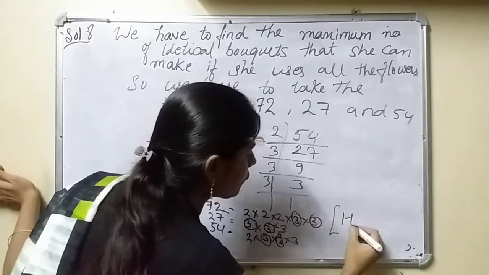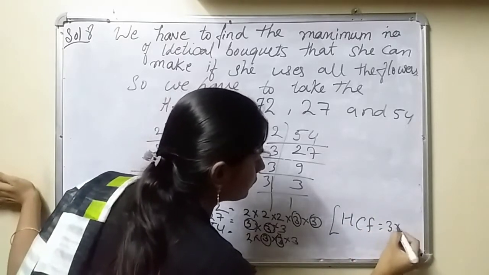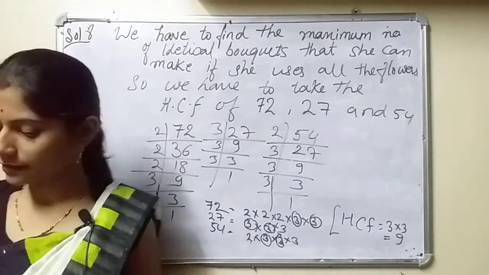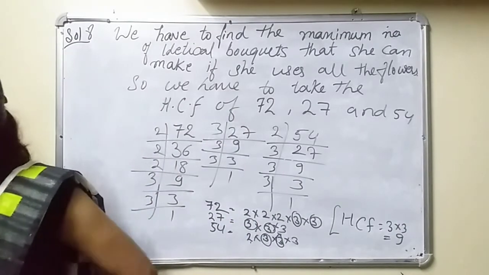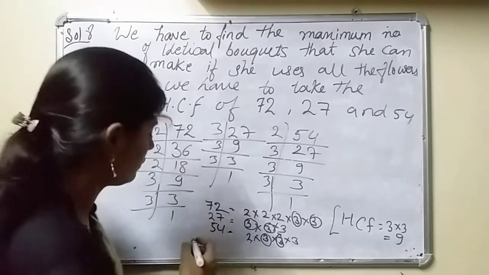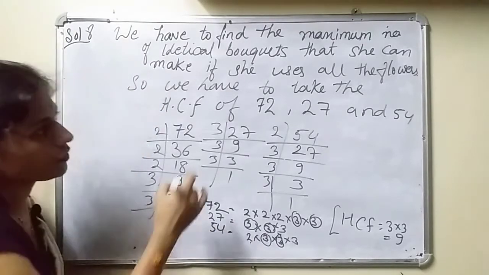So what is the HCF you got here? 9. Now see what they are asking. Maximum number of identical buckets, how many buckets she can use here, since she has to use all the flowers.